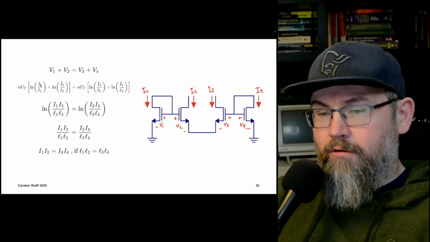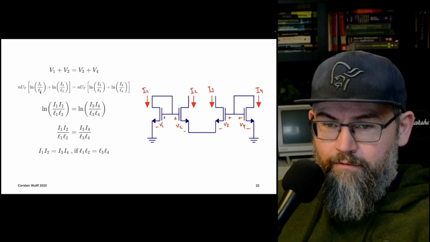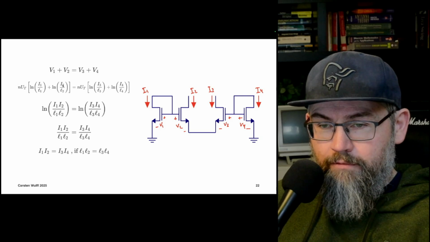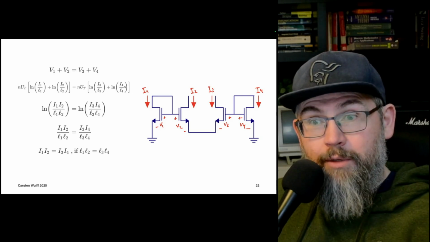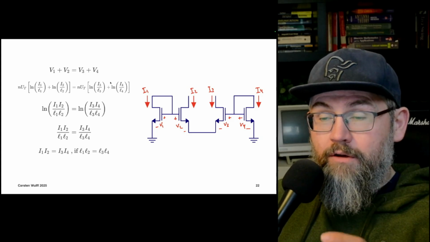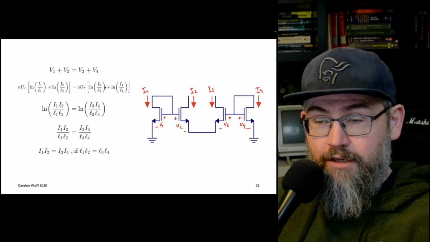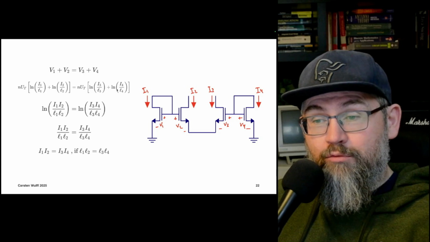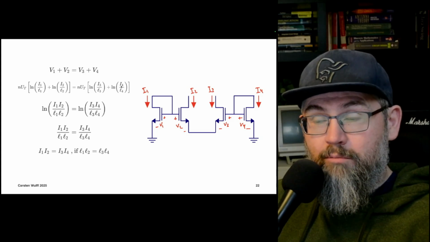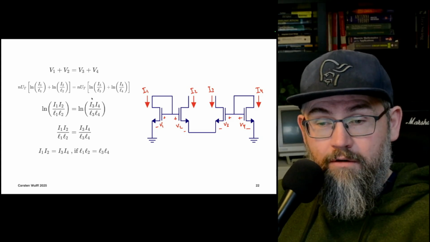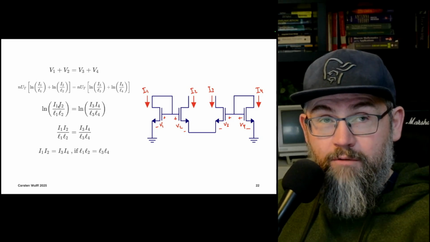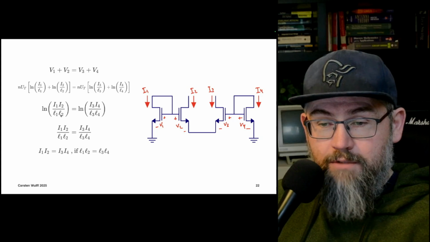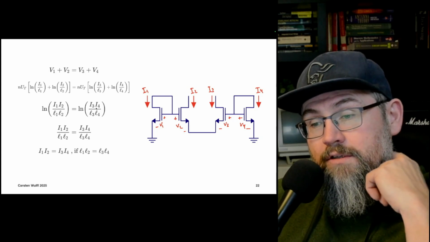So we have the logarithm of I1 divided by L1, logarithm of I2 divided by L2, and that's equal to the same on the other side. And now we can rearrange a little bit more, because logarithms are fantastic. If you sum them, like I'm showing here, it's really the same as multiplying the factors within. So I can rewrite my equation as I1 times I2 divided by L1 times L2, and the same on the other side.